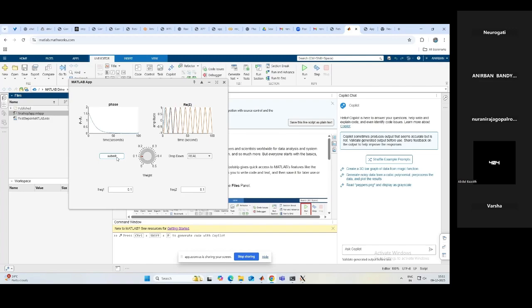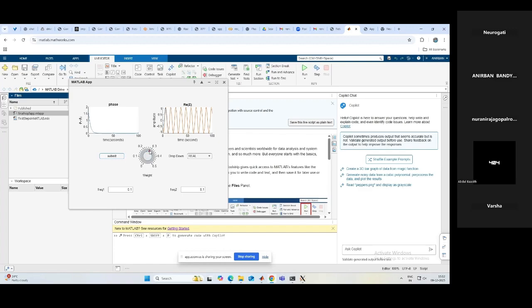Even more interesting, if you increase the coupling strength up to 0.2 and click it, see how fast it's going to the steady state phase. And if you increase the knob a little bit further, at 0.3, and submit it, you see it's going much faster to the steady state. The time required gets lesser and lesser.